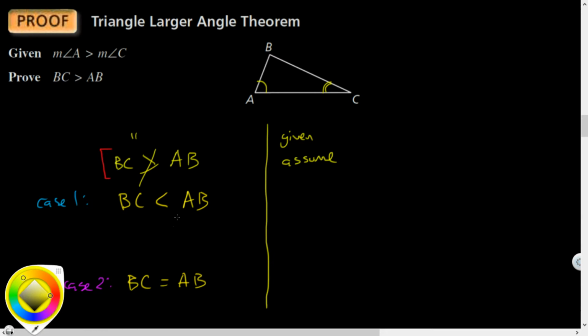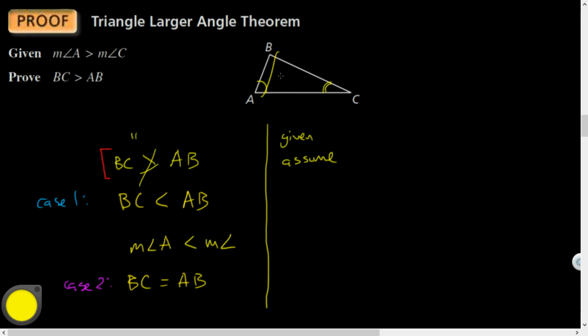If BC is less than AB, then that would suggest that the measure of angle A has got to be less than the measure of angle C, the one opposite it. Be careful, Tyler, with your less than signs and your angle symbols. This would be concluded by the triangle longer side theorem.